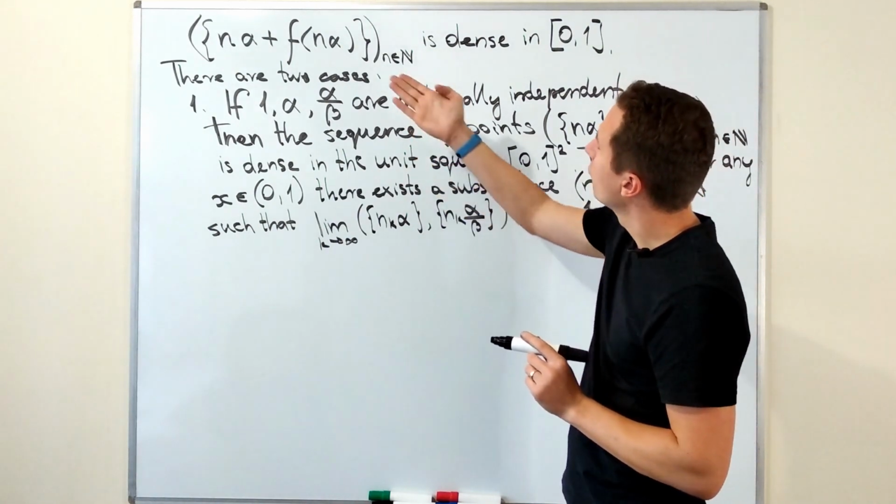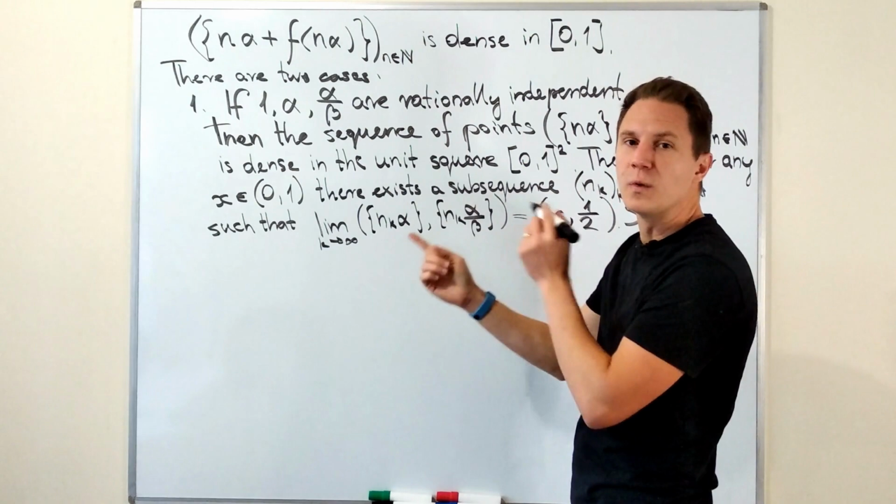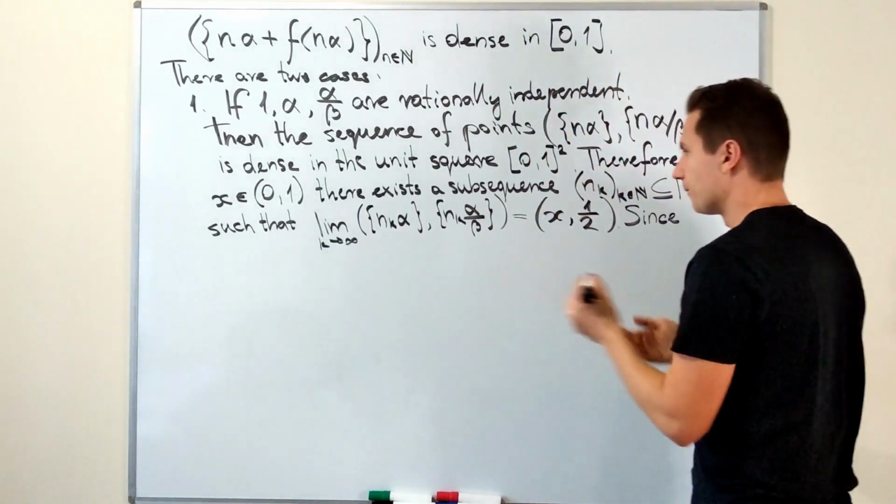Next, we can now use that our function f is continuous, so it will behave nicely if we interchange applying the function and applying the limit.